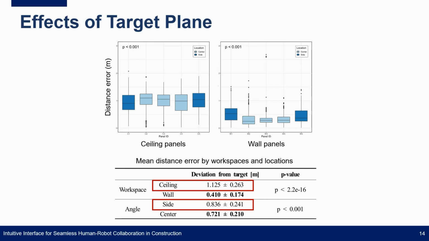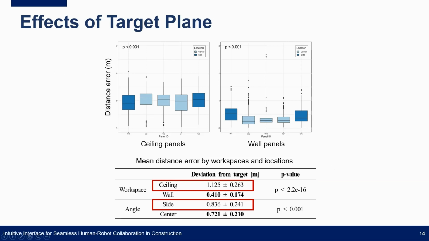We found that the distance error on average was 1.1 meters for ceiling panels, while 0.4 meters for wall panels. We also found that the F1 score for wall panels was much lower compared to ceiling panels.